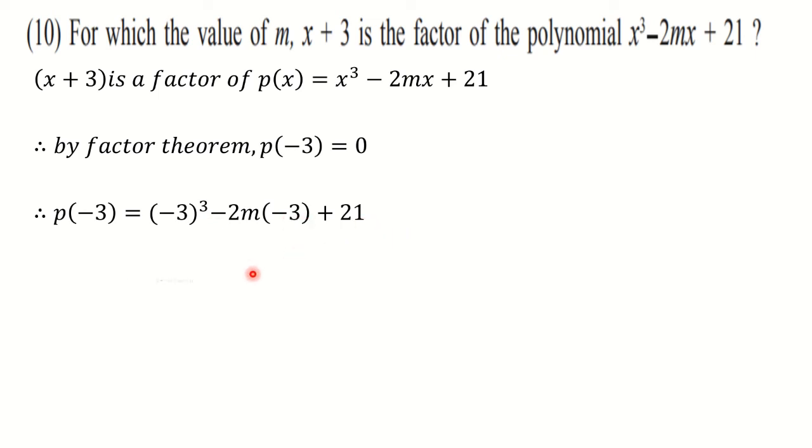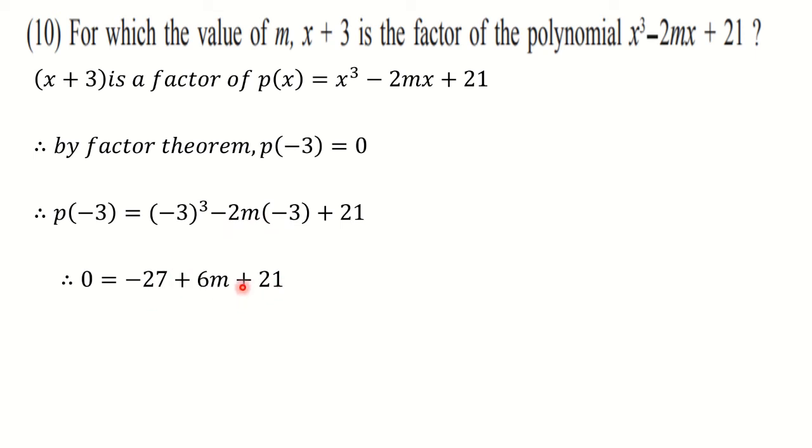Okay, so let us write the next step now. From here this 0 is written. p of minus 3 is 0, so it is replaced by 0. Minus 3 cube is minus 27. You know that the cube of a negative number is negative only. Then this minus and this minus give you plus 6m plus 21.